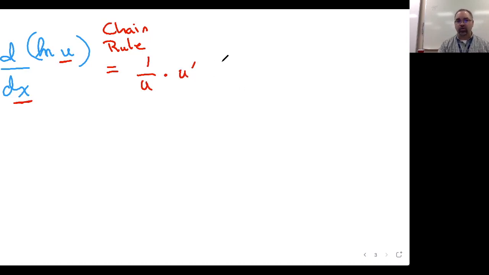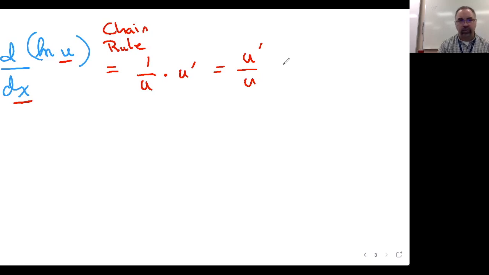A lot of times we just shorten this and say u prime over u. As I mentioned, we are getting more developed in our list of derivative formulas. If you look at derivative formula number 9 in the front cover of your book, there it is. The derivative with respect to x of natural log of u is u prime over u.